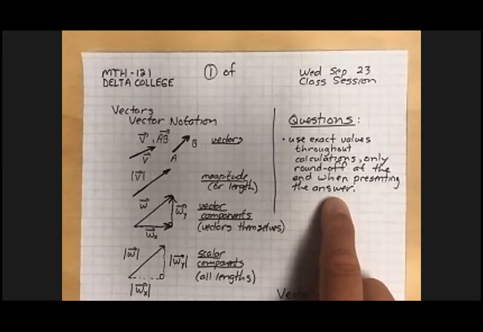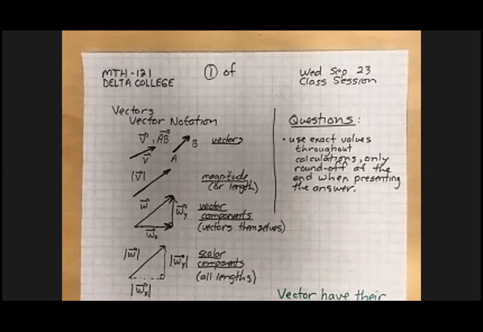Approximations are what you report to the person who asked you the question if an approximation is appropriate. You can't just always round off on the way to the answer, or else you just get an answer that's slightly off its best truth.